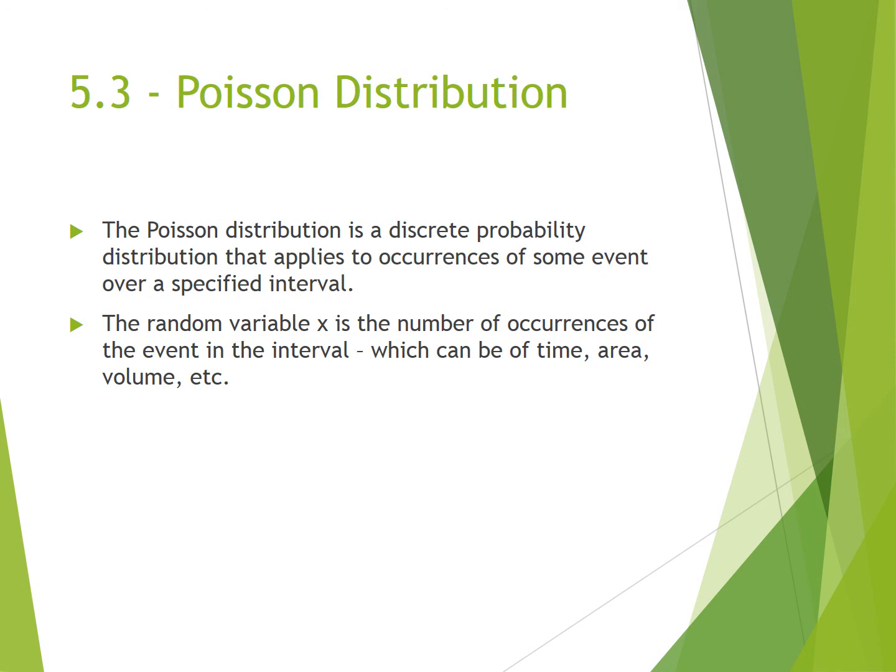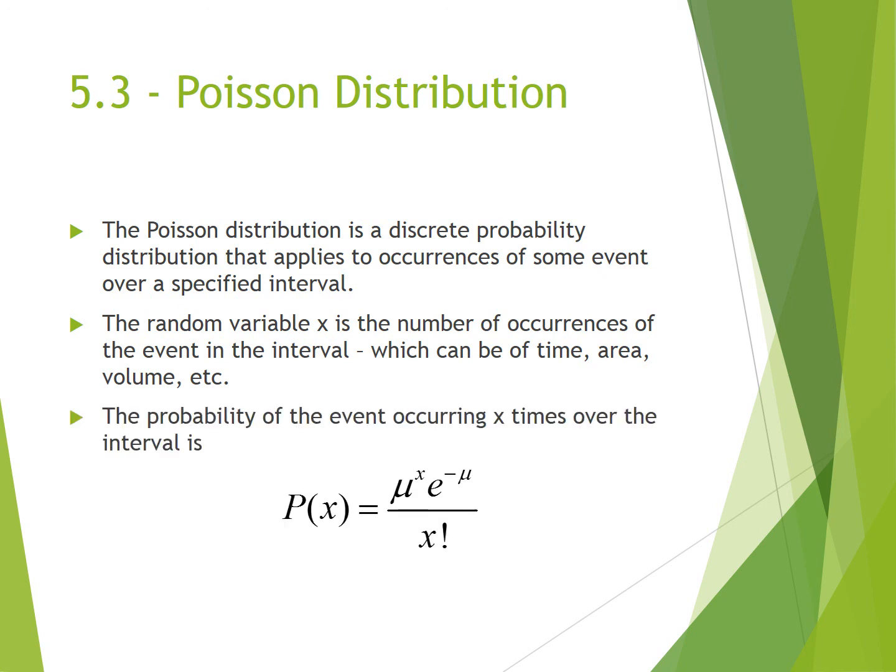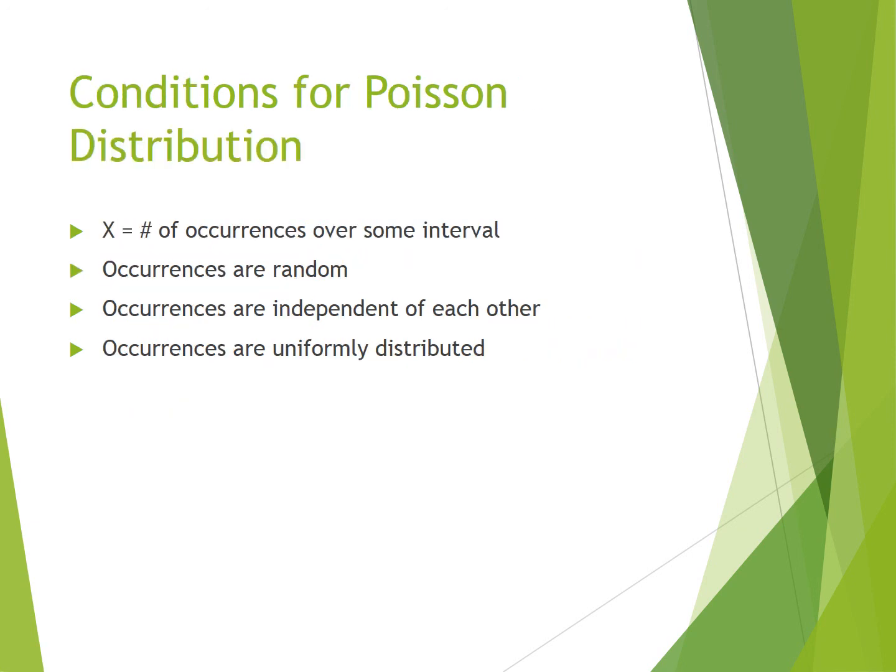Time or space. This is the formula for the probability, which again, Minitab's going to do for us, but I just wanted to show you the formula. For our Poisson distribution, first, x is the number of occurrences over some interval of time or space. The occurrences must be random. The occurrences have to be independent of each other.